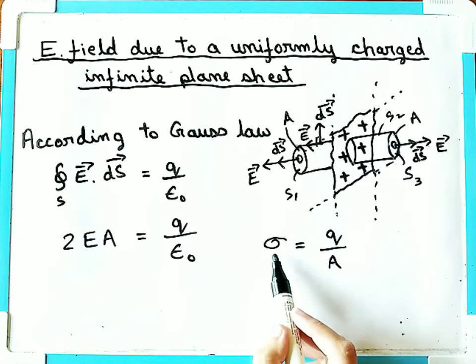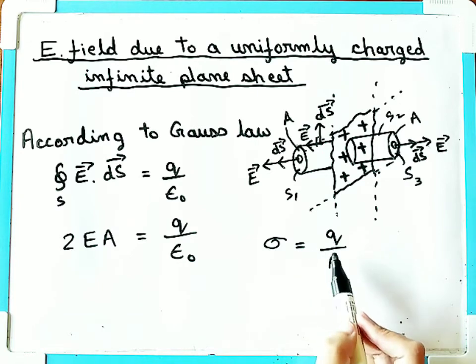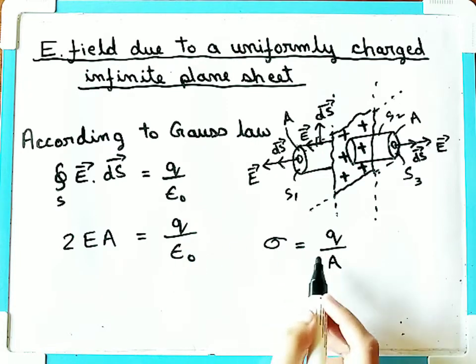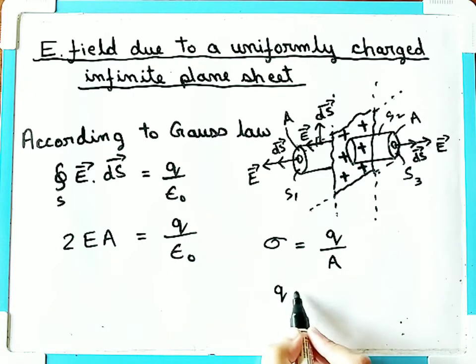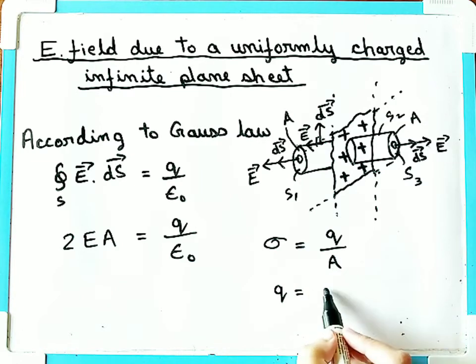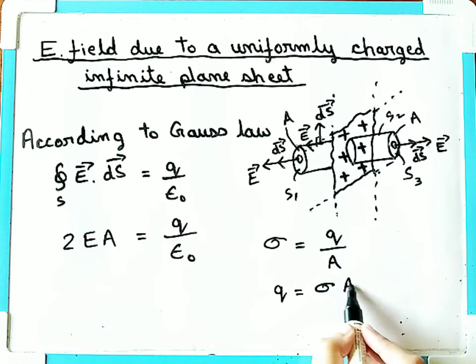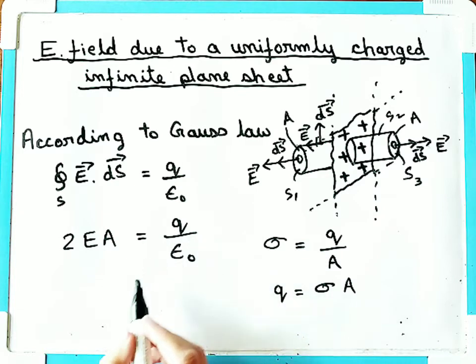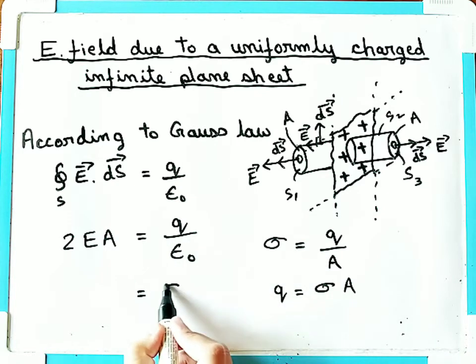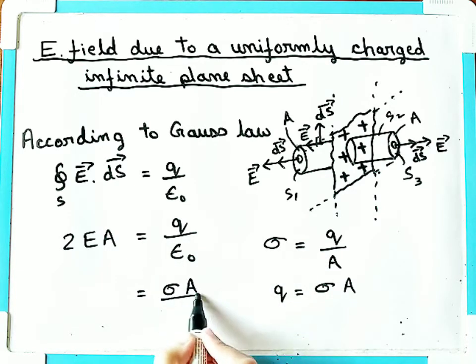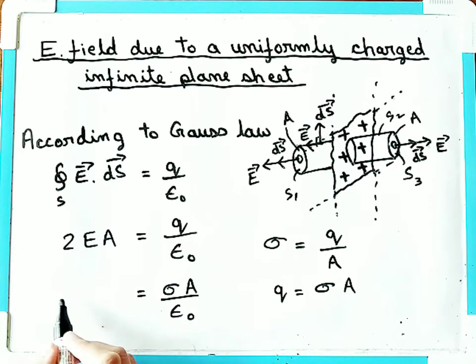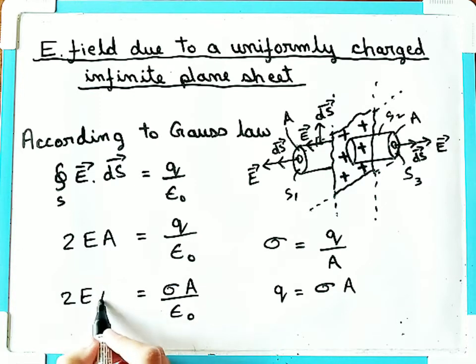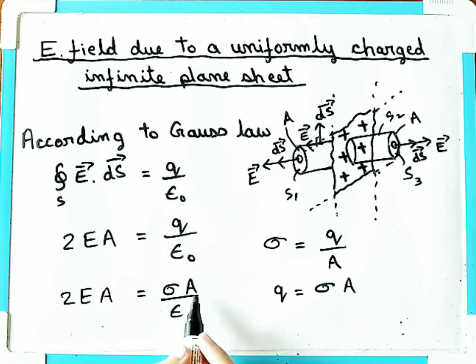So the surface charge density is defined as charge per unit area. So your Q will be equal to sigma A. So instead of this Q here, I'll write sigma A by epsilon naught. So we have 2EA here, equal to sigma A by epsilon naught.